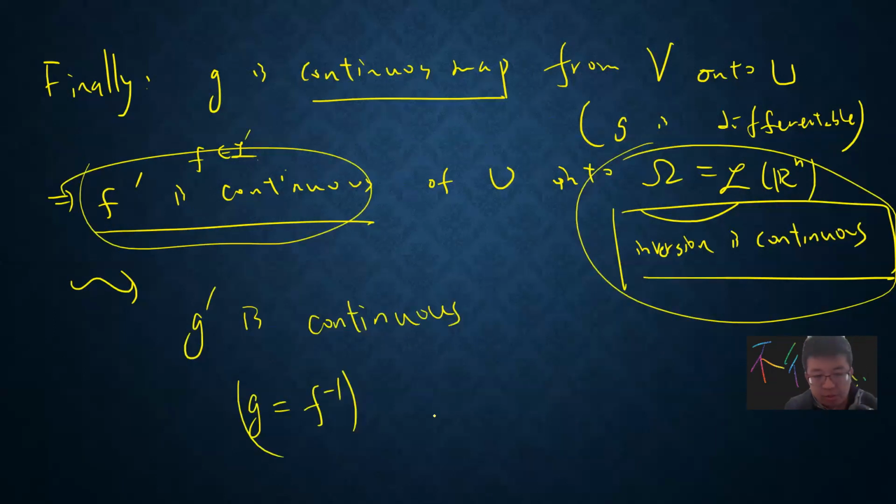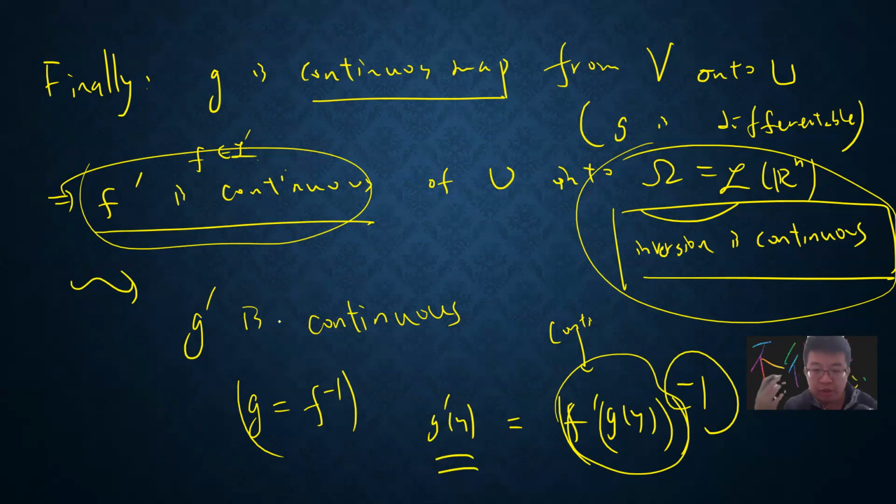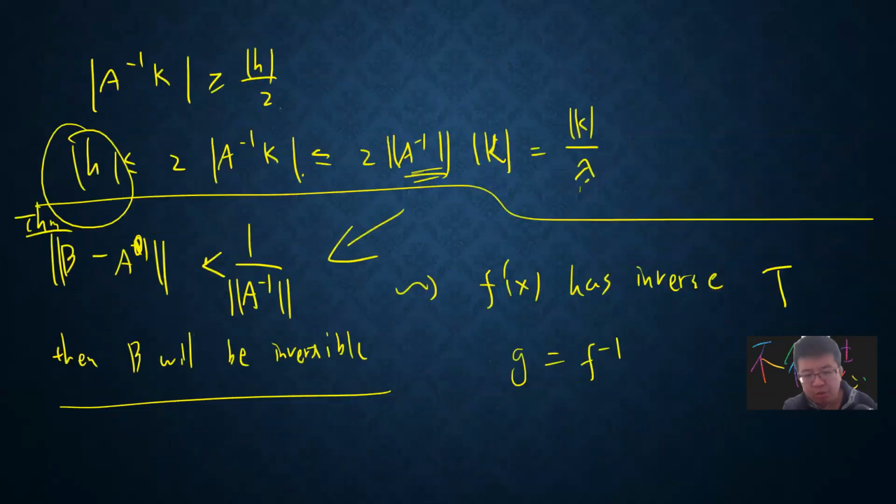Your g prime of y is basically the inverse of f prime of g of y. So this is continuous, and its inverse is continuous, so g prime is continuous. So we prove that the differentiation of g is also continuous, which proves part B.